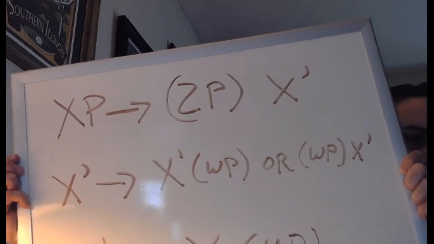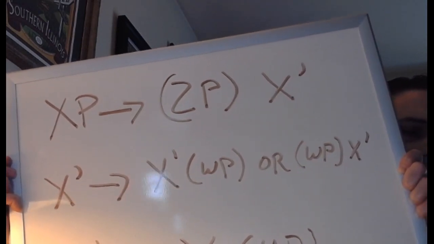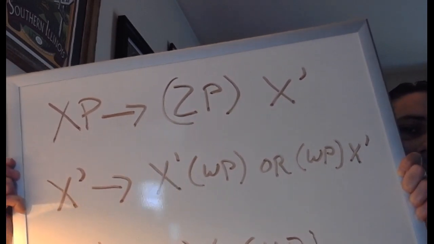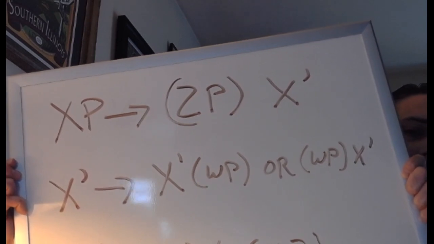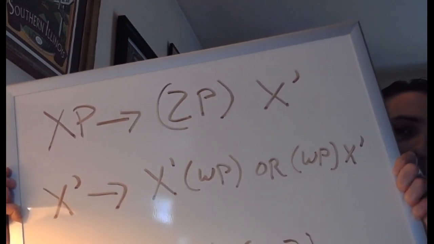In a noun phrase, we can get things like prepositional phrases of various types, normally not an of phrase. You can get adjective phrases as well. So you can get these either following a bar level or preceding a bar level.